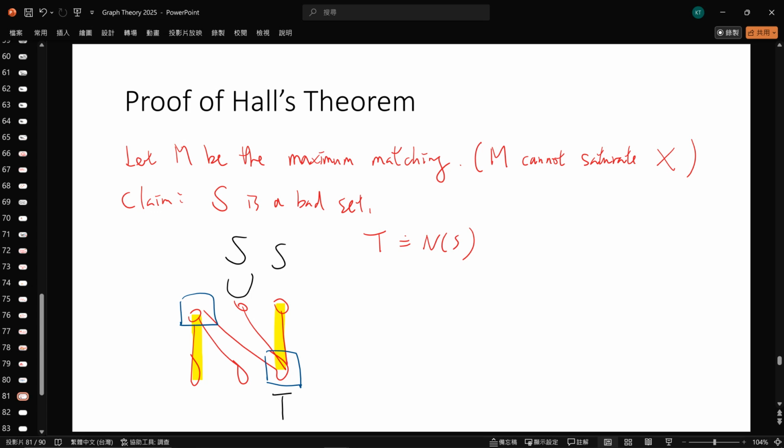So the number of neighbors is less than the size of S, and then the proof is finished. So all we have to do is to show that the size of T is less than the size of S, and we're done.